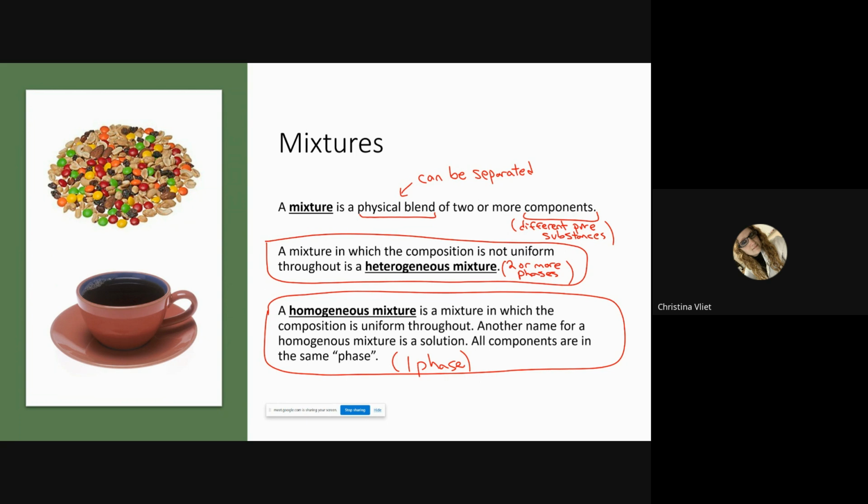We're going to study homogeneous mixtures way more than heterogeneous mixtures in this class, because we're going to study predominantly solutions where water is involved, and water, you're going to go over shortly, is the universal solvent, meaning it dissolves a lot of materials. And so most of what we're going to work with is homogeneous mixtures, which we also call solutions.